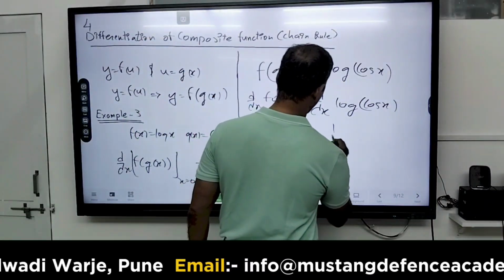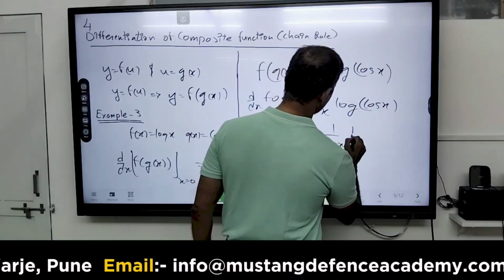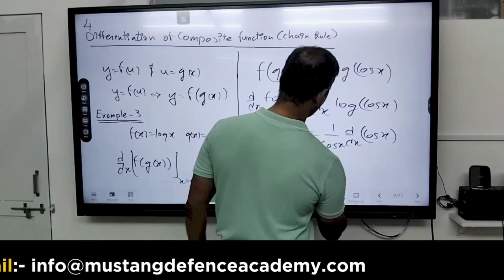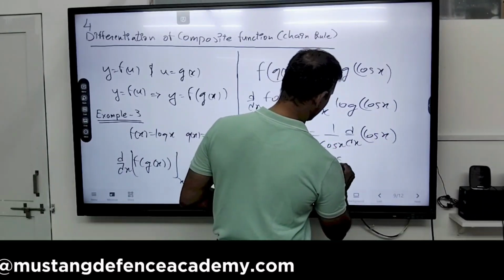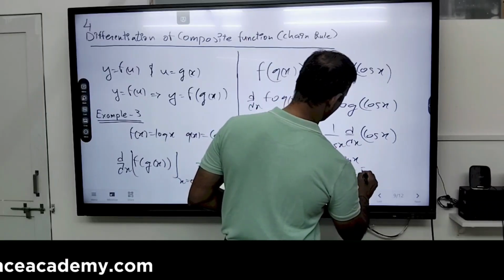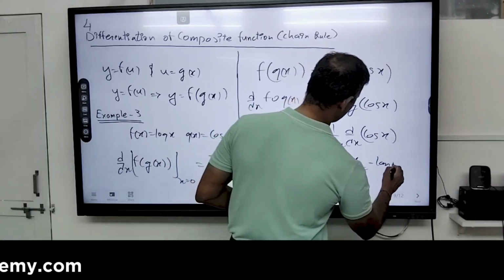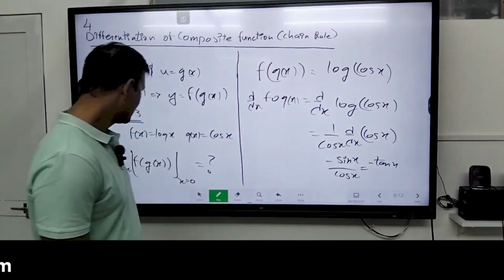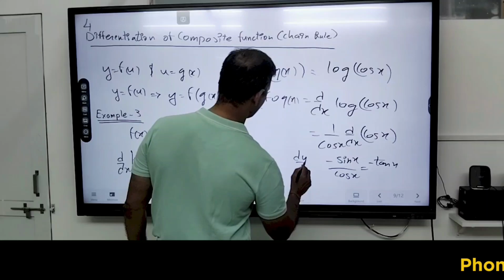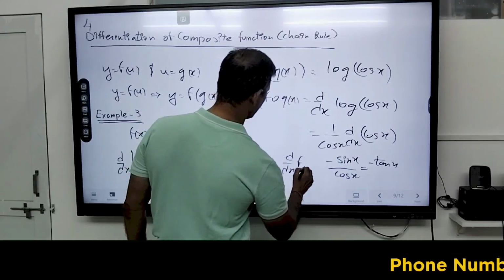So this will be 1 upon cos of x, d by dx of cos of x. So this would be minus sin of x upon cos of x. This would be equal to minus tan of x. Now we have to find this at x is equal to 0. So this is d upon dx of fog of x.